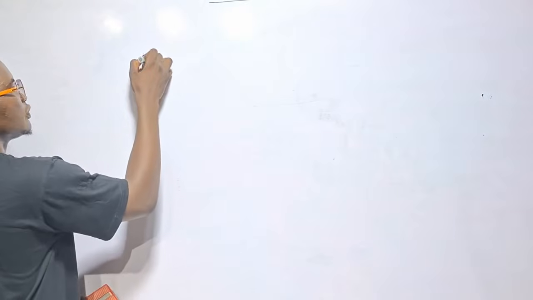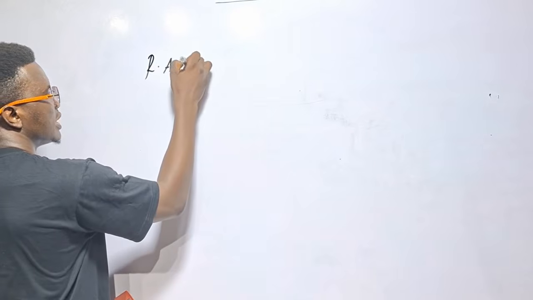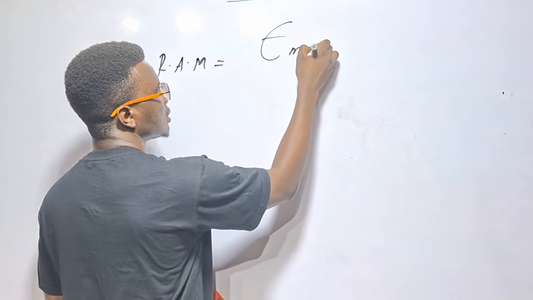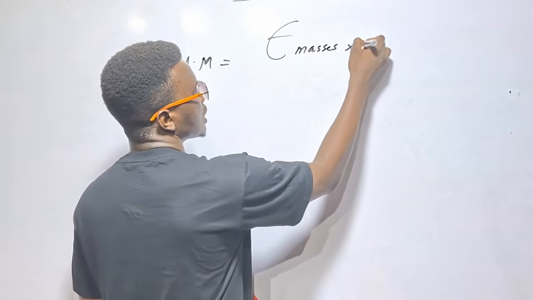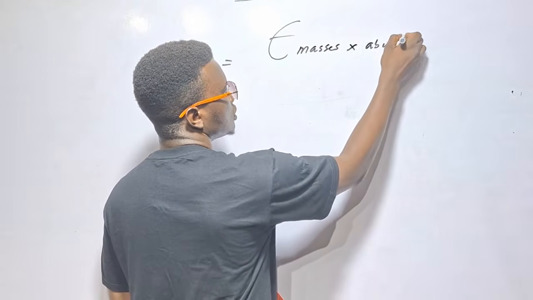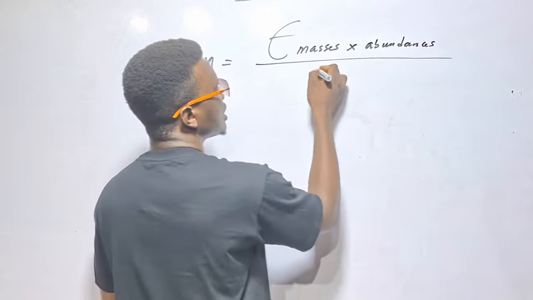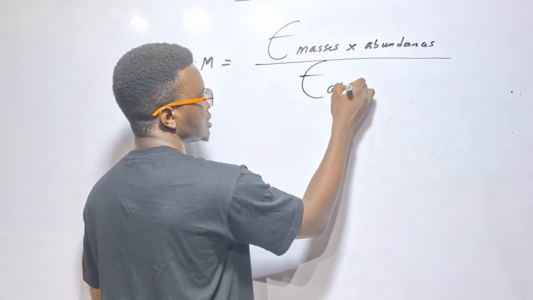When you want to do your calculation on isotopes, the formula is: relative atomic mass is given as the sum of the masses and abundances of the elements over the sum of the abundances.